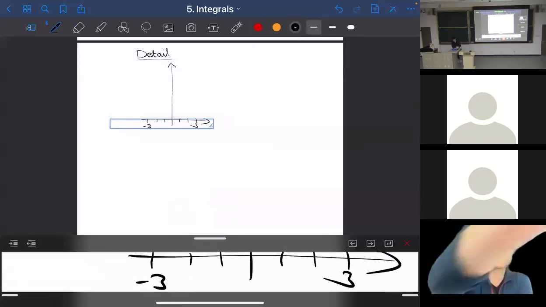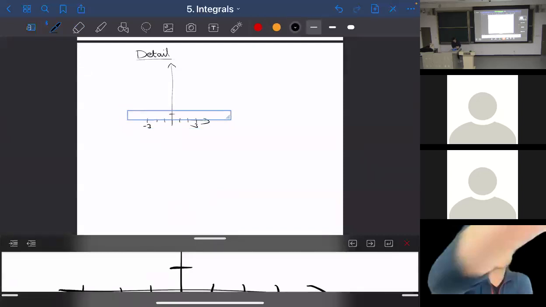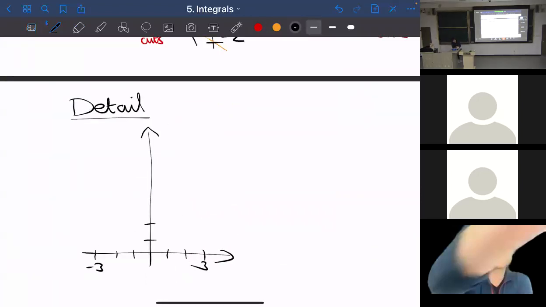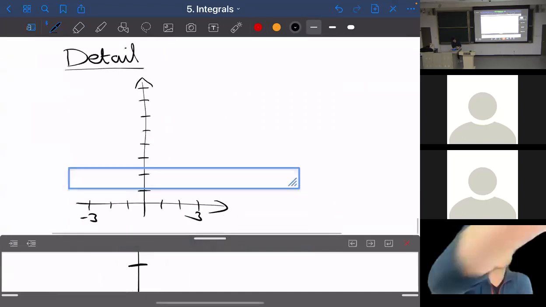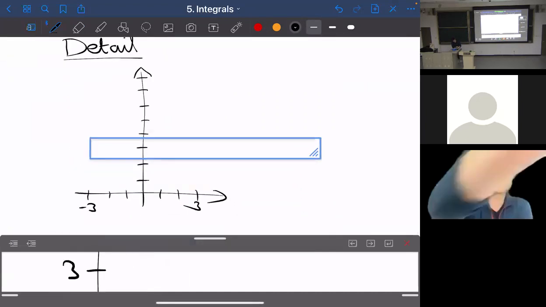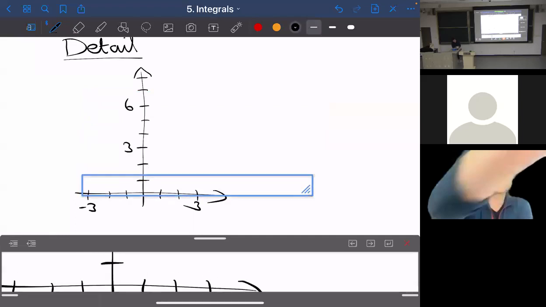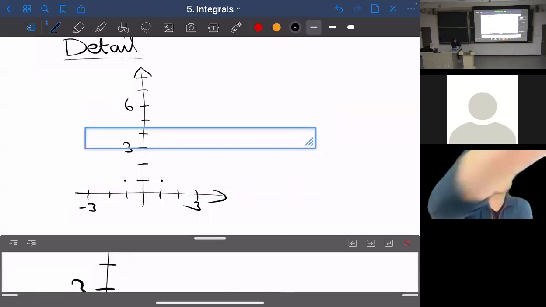I could plot the, so what do I want? So 3 here, 6, so on. Okay, so I'm enjoying doing this because this is the kind of thing I don't usually have time to do in my job.